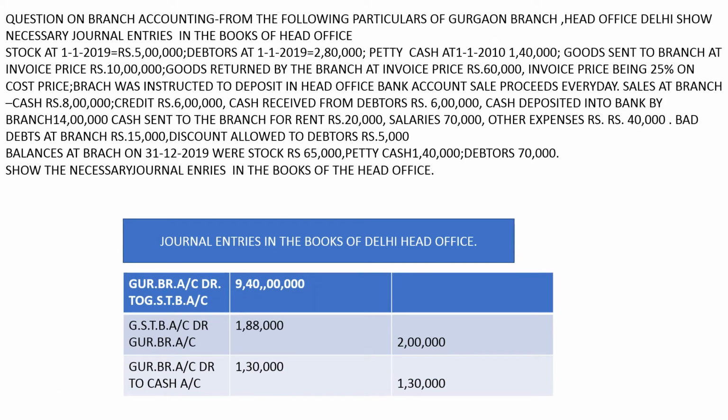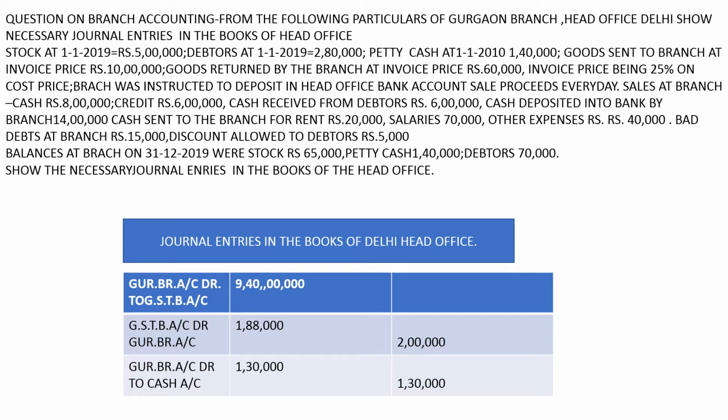Now we are starting with a question on branch account. From the following particulars of Gurgaon branch, head office Delhi, show the necessary journal entry in the books of head office. Opening stock, that is stock at 1/1/2019, rupees 5 lakh.